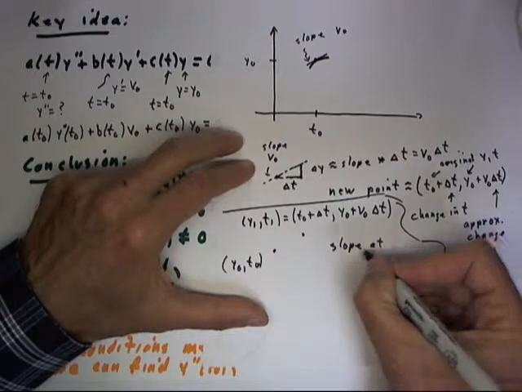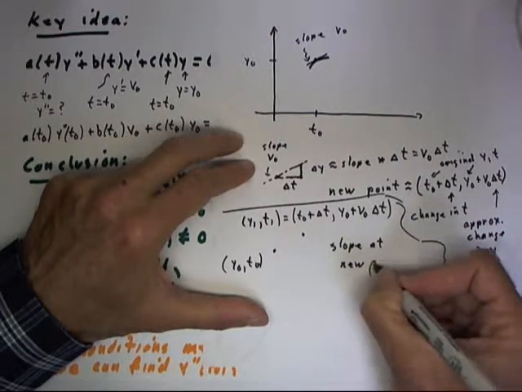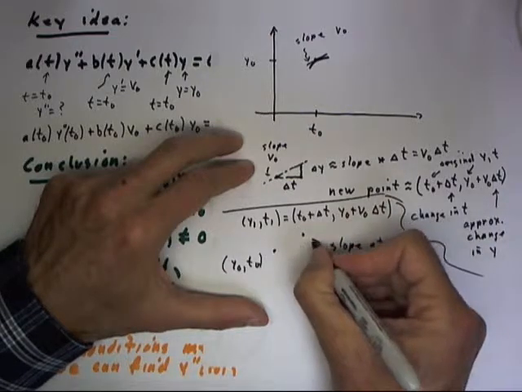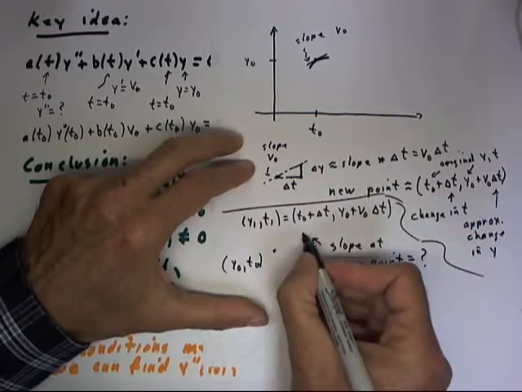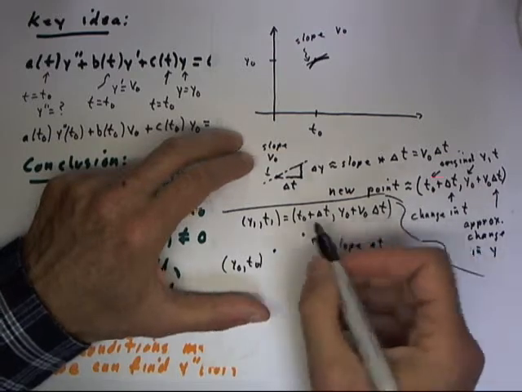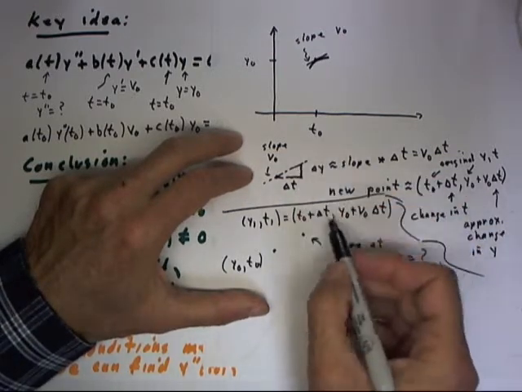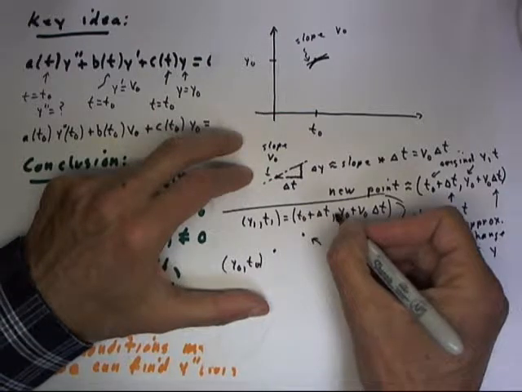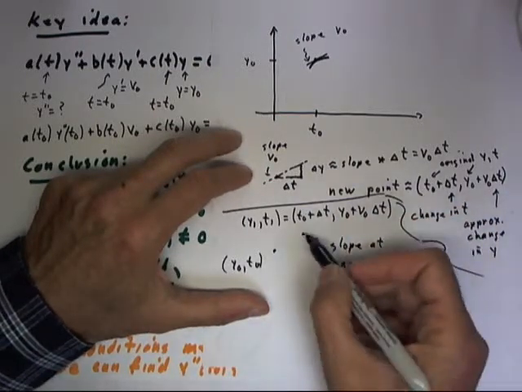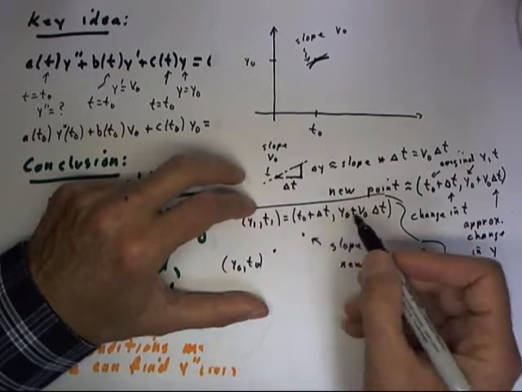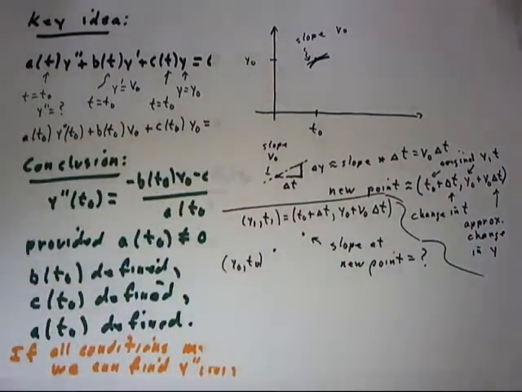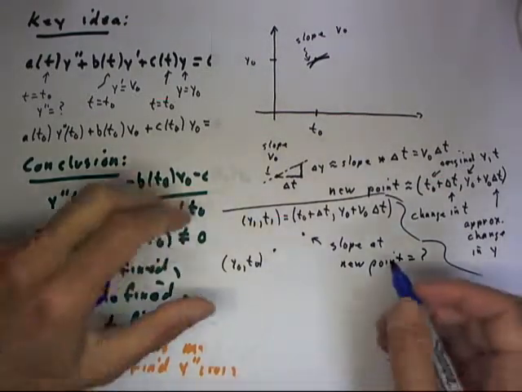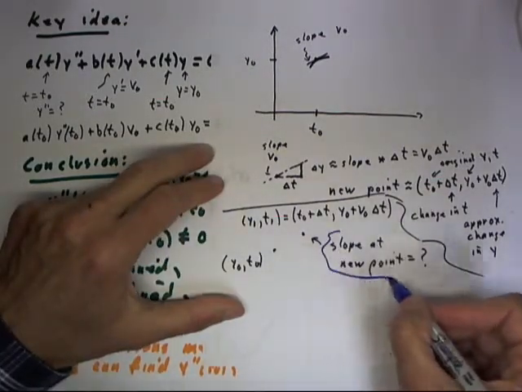What's the slope at the new point? If we know the slope at the new point, then we can repeat the process. We can move another delta t, predict what our delta y should be, and from that determine the coordinates of our new point. The key question then is, how can we find our new slope?